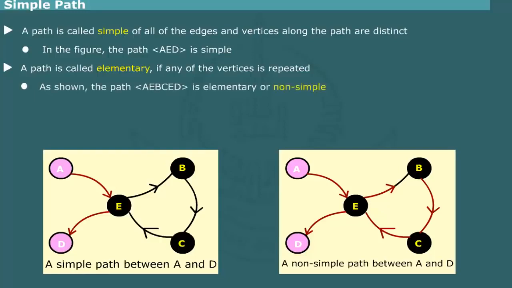Figure presents simple and non-simple paths in a graph. The path A, E, B, C, E, D from A to D is non-simple because vertex E is repeated along the path. On the other hand, path AED is simple.